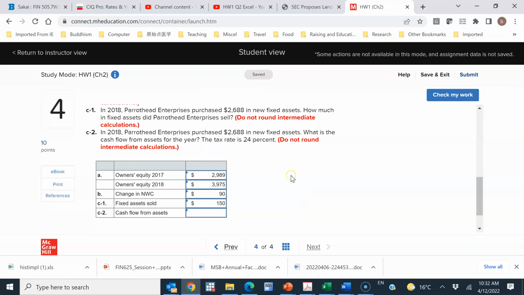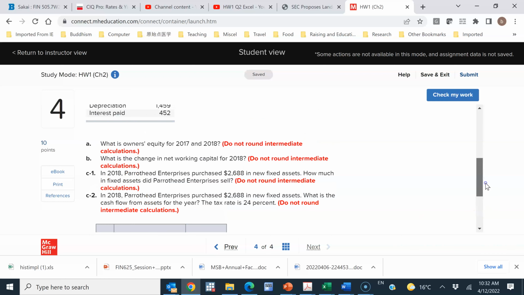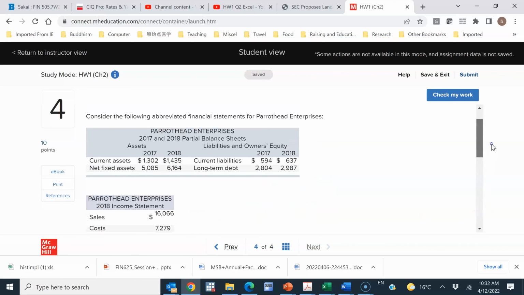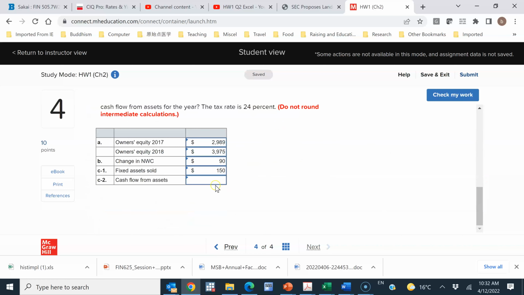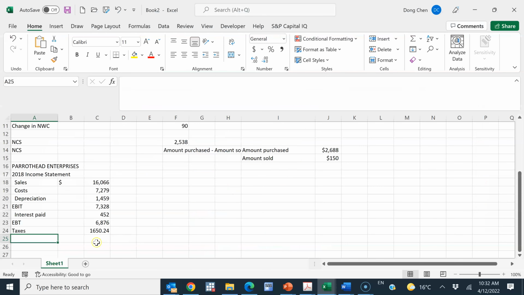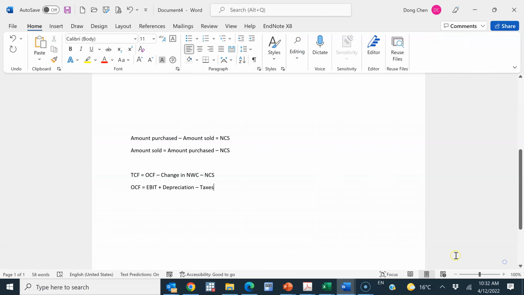We need to check the rounding requirement: do not round intermediate calculations. It doesn't tell us the final answer format, and the numbers here are all rounded to integers, so that might be the default assumption. Now I have everything ready to plug into this formula.